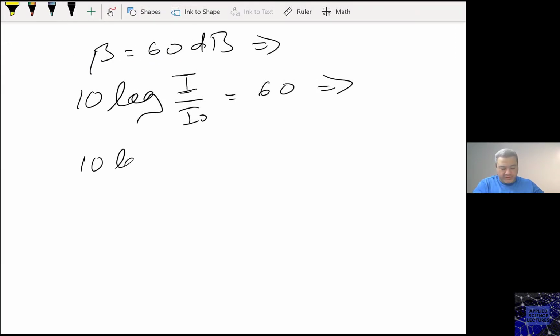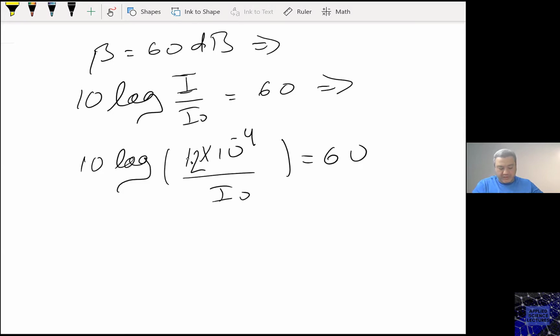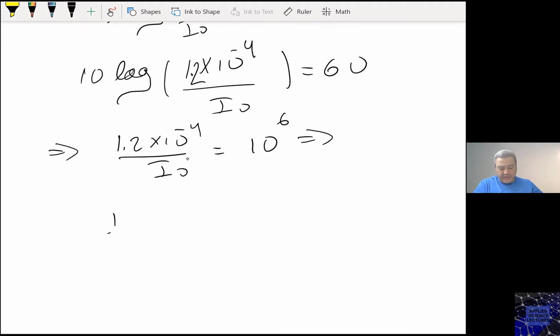So 10 logarithm of 1.2 times 10 to the power minus 4 divided by I naught equals 60, which means that 1.2 times 10 to the power minus 4 divided by I naught equals 10 to the power 6, so I naught is 1.2 times 10 to the power minus 10 watts per meter squared.